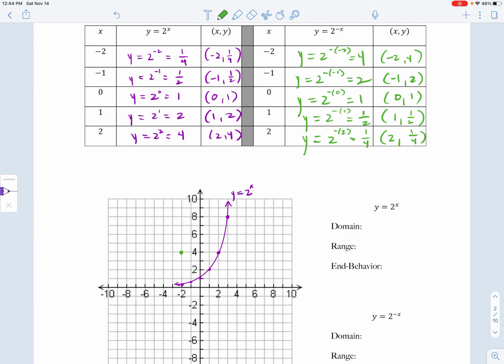So plotting those points: -2, 4; -1, 2; 0, 1; 1, 1/2; 2, 1/4. And if I were to plug in -3, we'd have -3, 8.